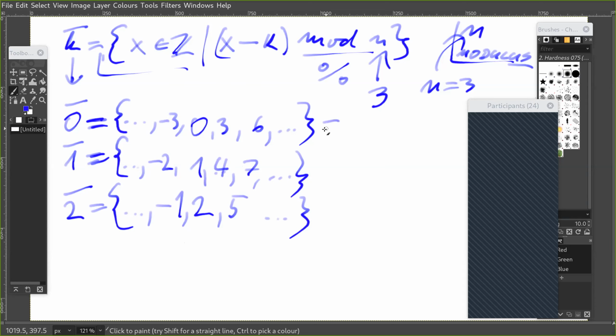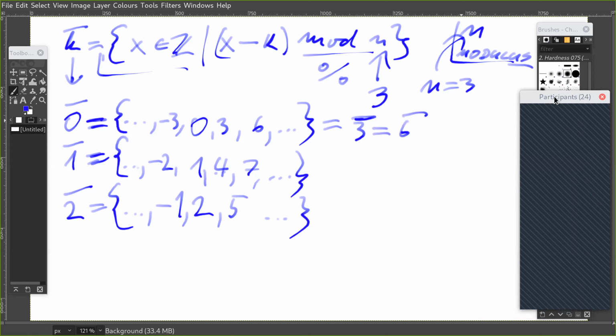Basically, it turns out that this is the same as the equivalence class. The equivalence class of 0, or the residue class of 0, and the residue class of 3 are the same thing. And this is the same as the residue class of 6, and so on. Another way of describing this set would be 3 times Z plus 0.